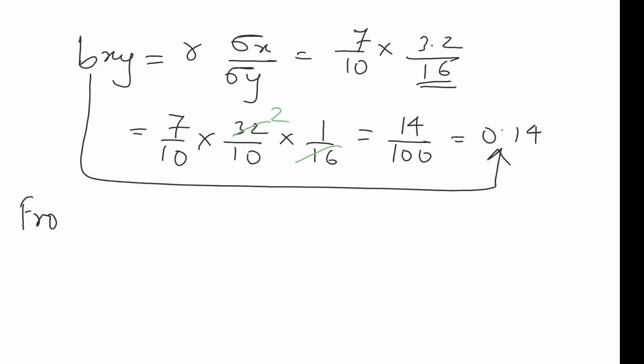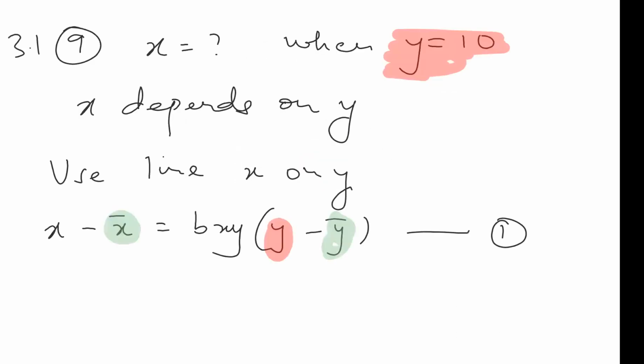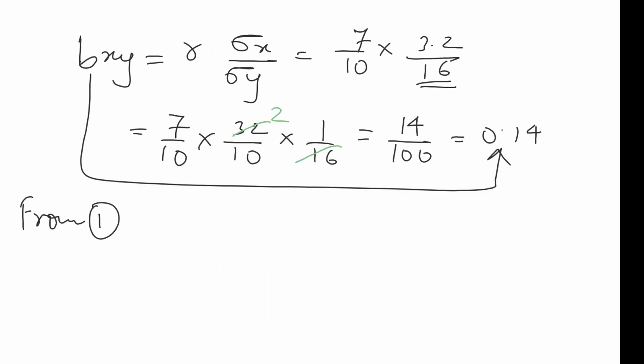So from equation number one, now we also have the value of bxy. So x minus x bar, the value is given in the problem, 7.6, equals bxy, which we just calculated as 0.14, into y minus y bar.